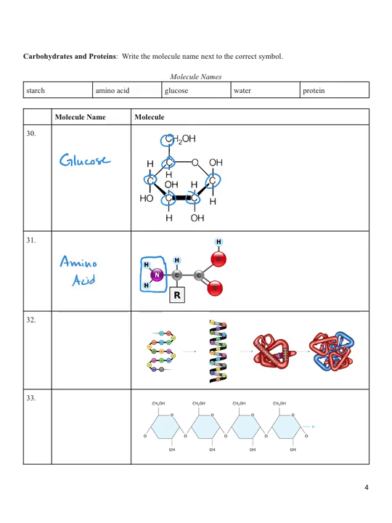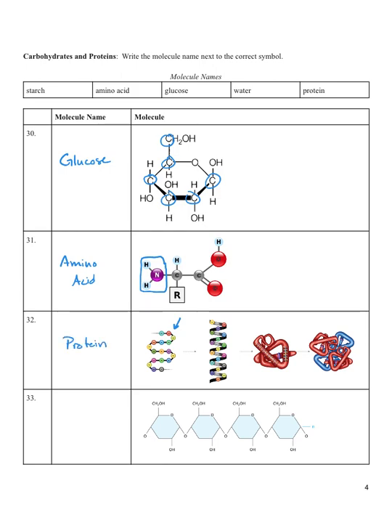Remember, amino acids are the building blocks of proteins. Number 32 shows a chain of amino acids called a polypeptide that is then shaped in primary, secondary, tertiary and quaternary structures. So that's a good clue that this is a protein.